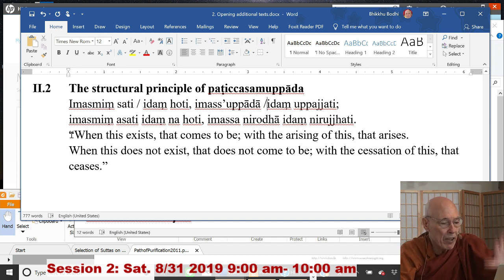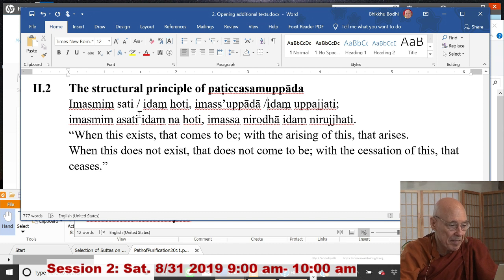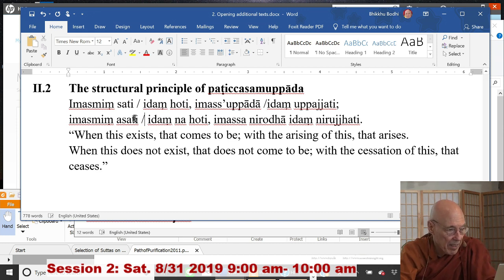And then the converse of the formula deals with cessation. So, imasmin asati, idang nahoti. When this does not exist, that does not come to be. And then the other aspect, imassa nirodha, idang nirujjhati.